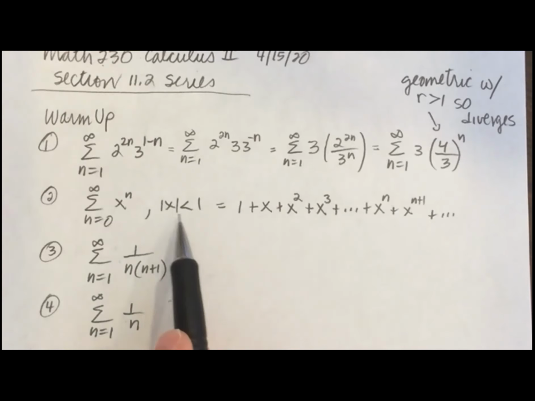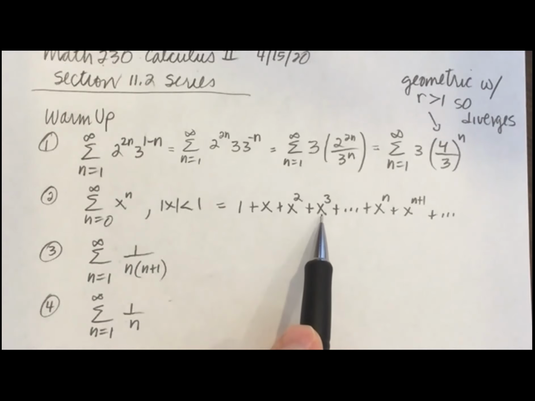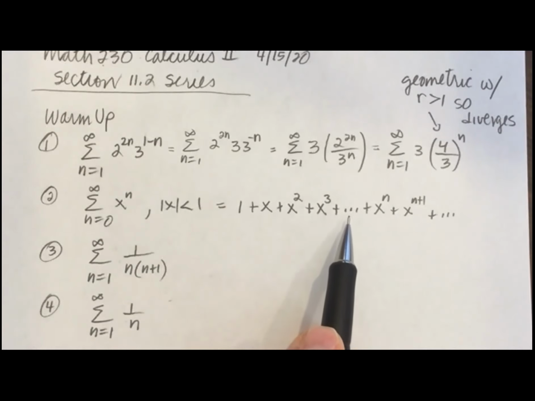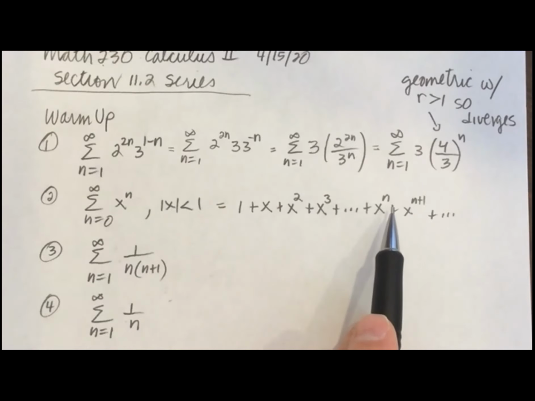So what if it's smaller than 1? What if we put in a half? Then what do you have? You've got a 1 plus a half plus a quarter plus an eighth plus a 16th. The terms themselves are getting smaller, smaller, smaller, so it has a chance for sure to converge.